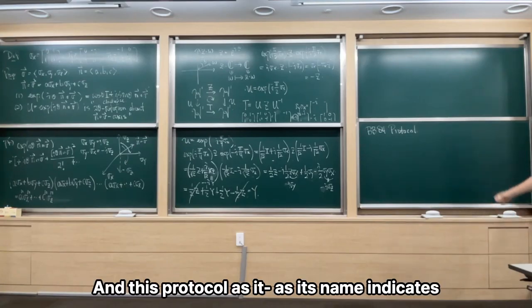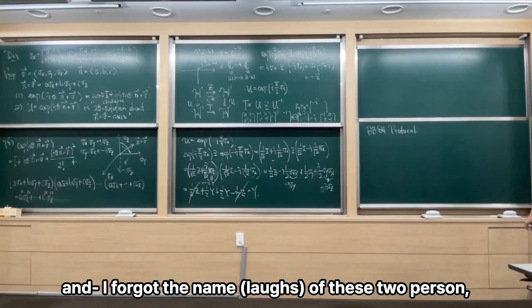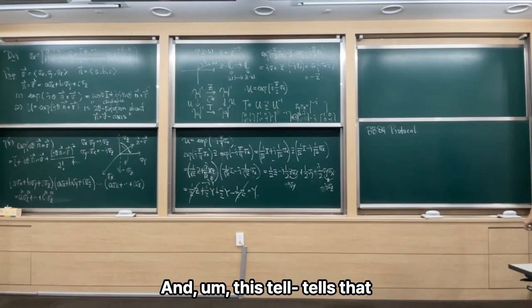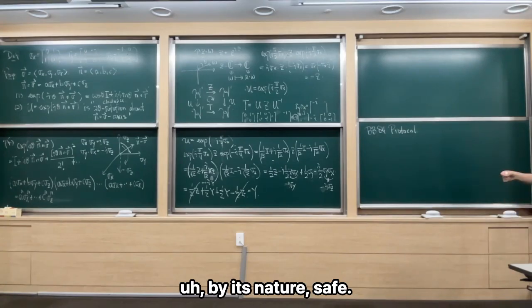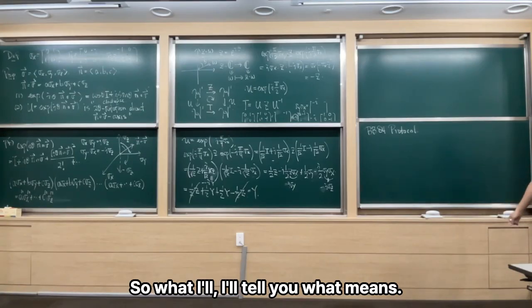And this protocol, as its name indicates, was developed in 1984. And I forgot the names of these two persons. BB stands for those names. And this tells that quantum information is by its nature safe. Yes, it's safe, quantum safe. So I'll tell you what it means.